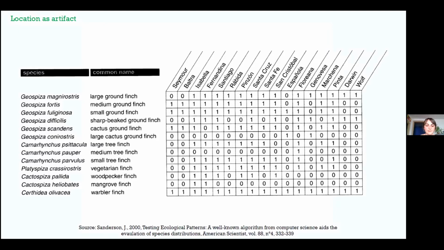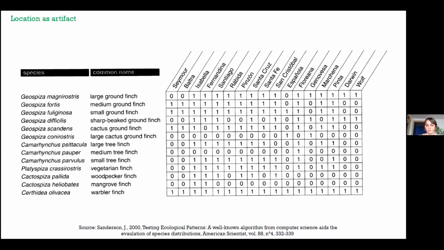And what Sanderson proposed in 2000, so here are the figures I've taken from this article. Sanderson was a computer scientist. He was not coming from ecology before, but he was acquainted with this question and this data set, and he proposed a way to simulate all the possible null matrices, which according to him was not the case before in the literature.